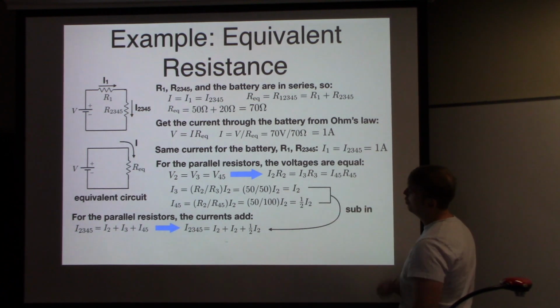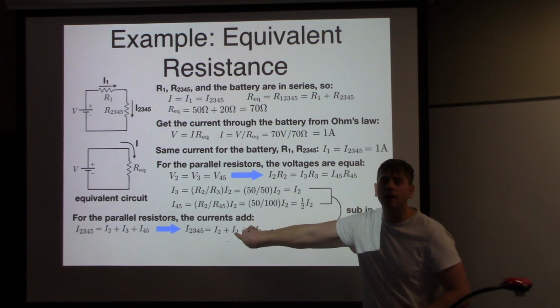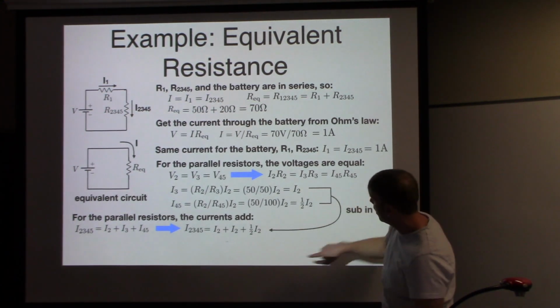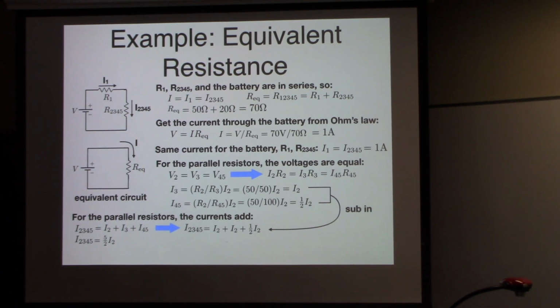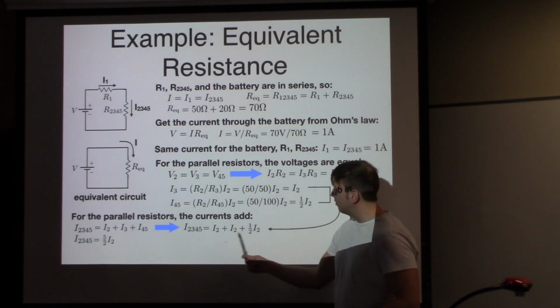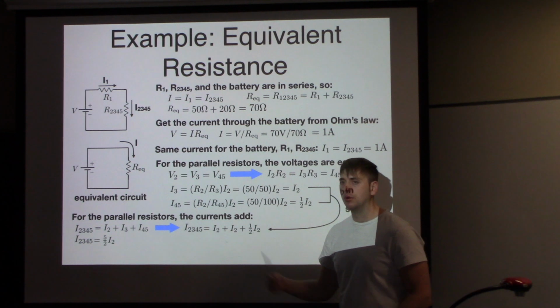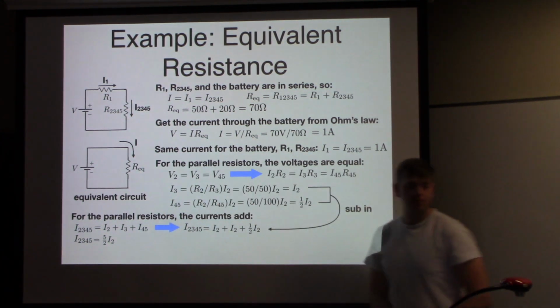Because from up here, we said I3 is the same exact thing as I2. So just sub in I2 for that. We also said I45 is a half of I2. So put that in right here. Now this is useful because basically I have 1 plus 1 plus a half, or 5 halves times I2, if you look at what we have over here, equals I2, 3, 4, 5.